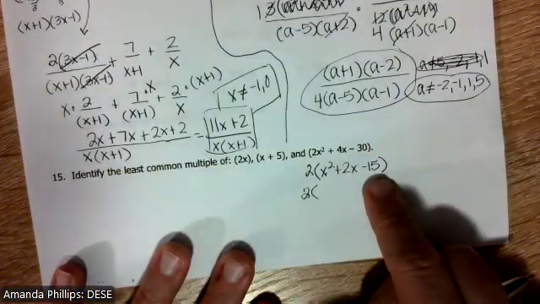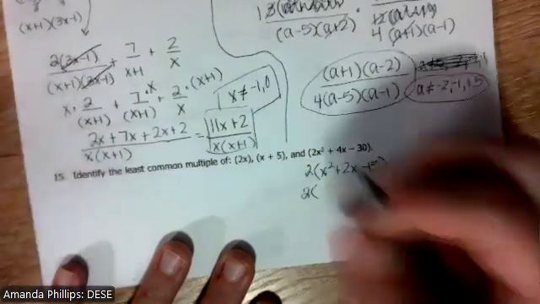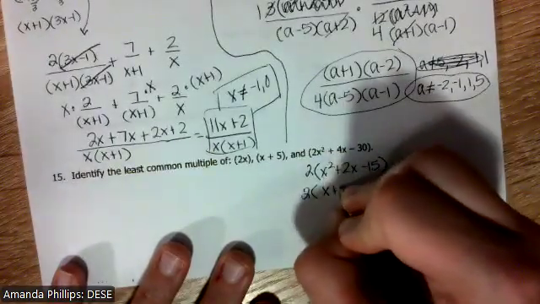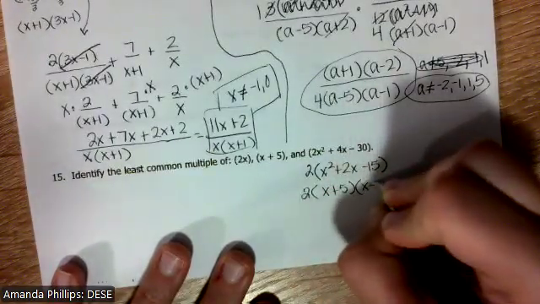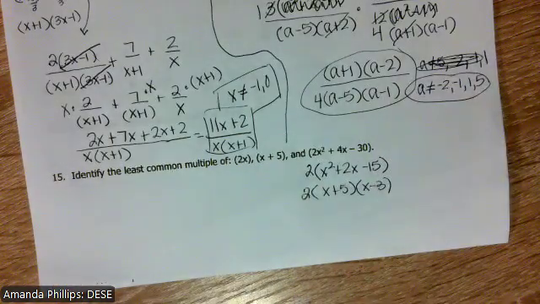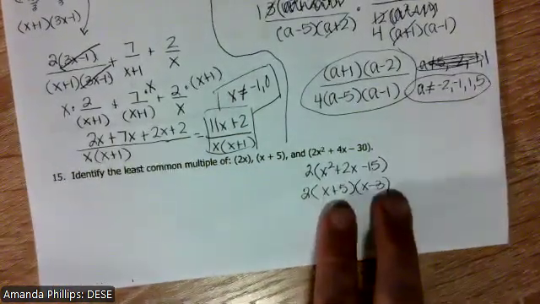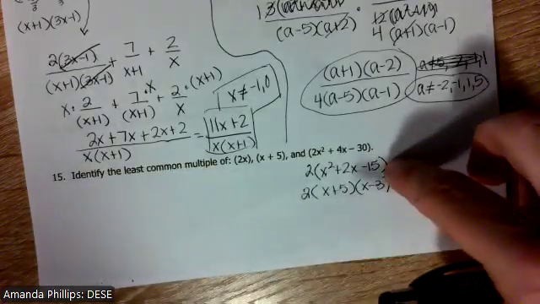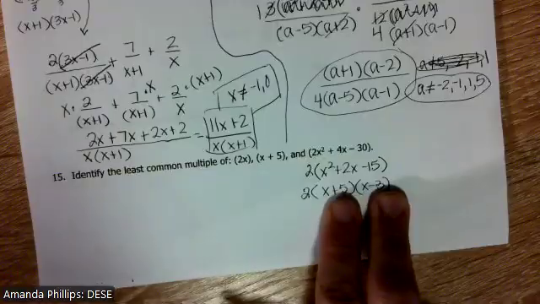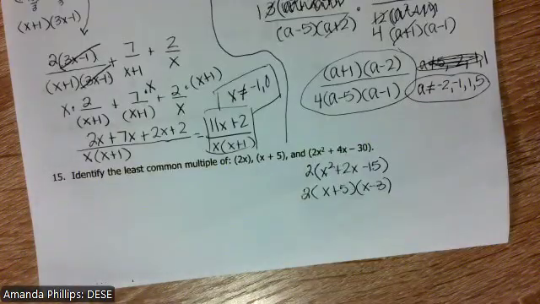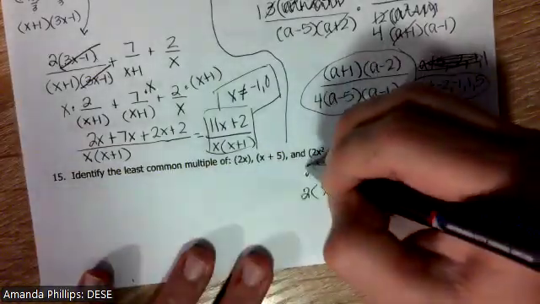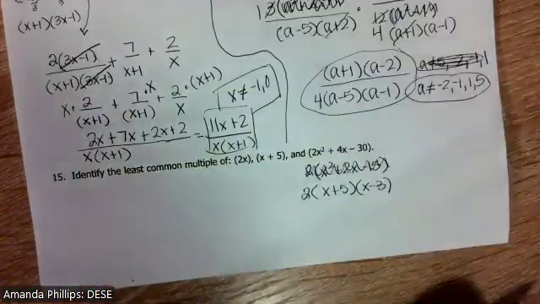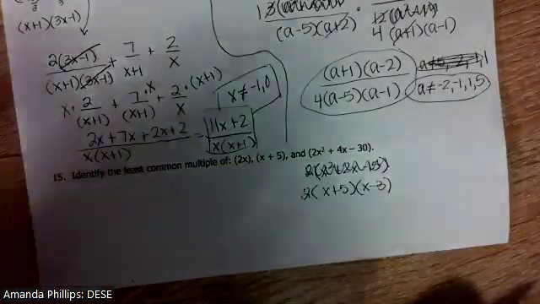That's 5 and 3, and I need my 5 to be positive. So x plus 5 times x minus 3. If you try to do it in your head like I do, always double check your math. 5 times -3 is -15. 5 plus -3 is 2. Always double check, because if you end up factoring wrong, then nothing's going to work out correctly for you.